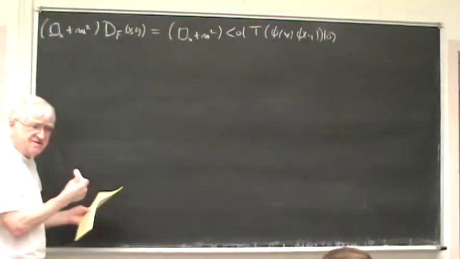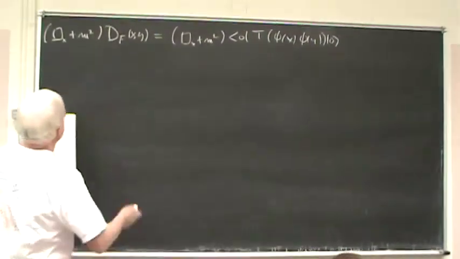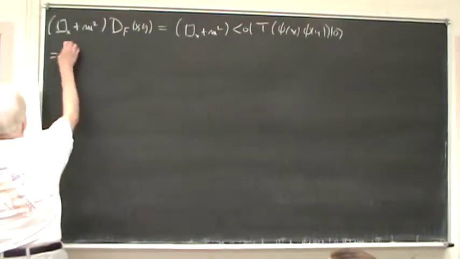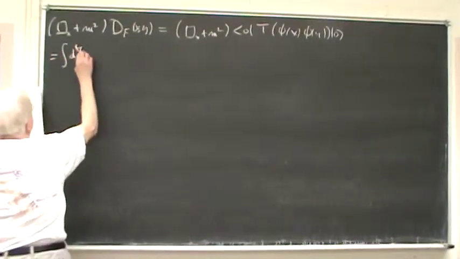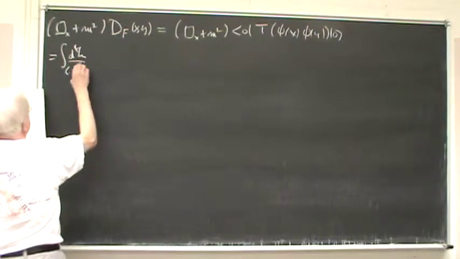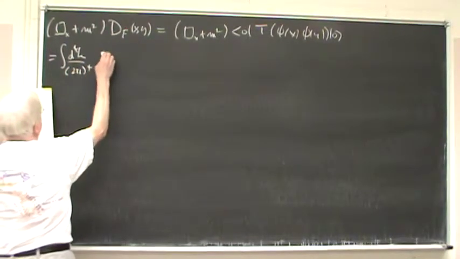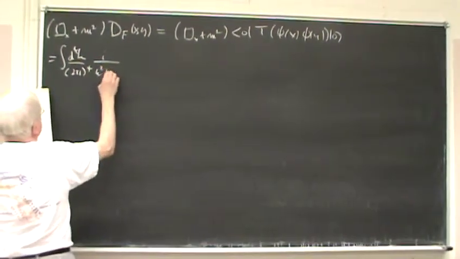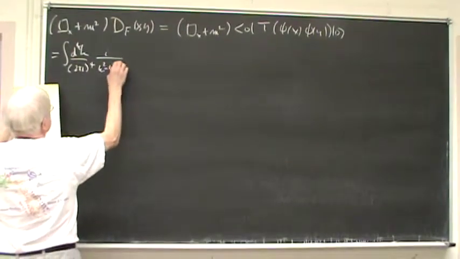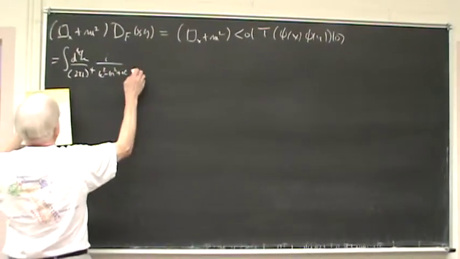Have I gone too fast? All right. Okay. So this is integral d fourth k over 2 pi to the fourth, i over k squared minus m squared plus i epsilon.